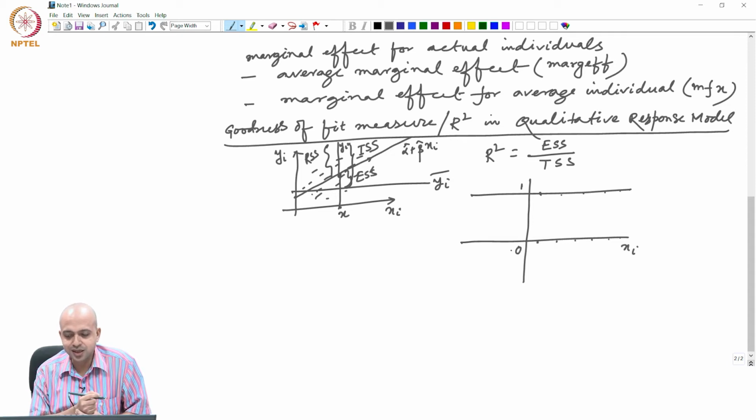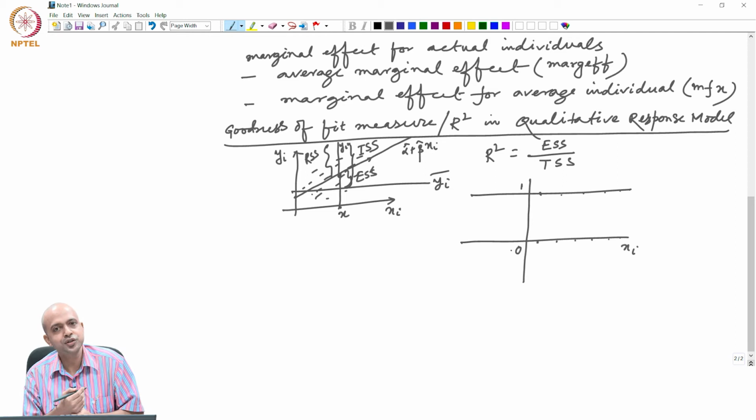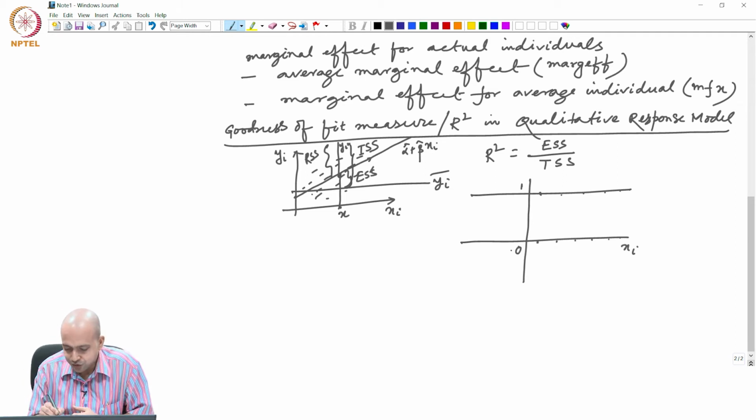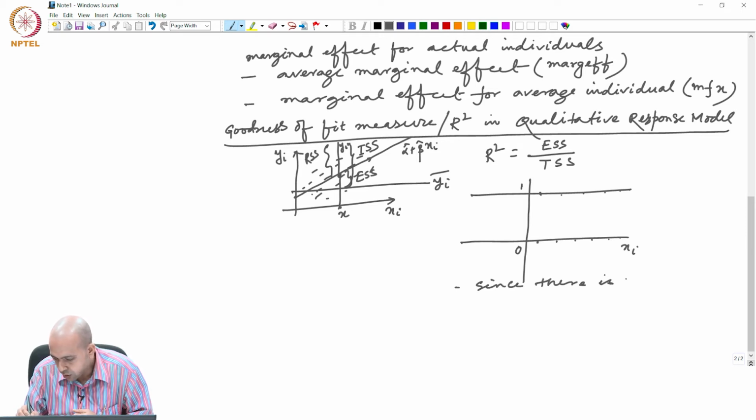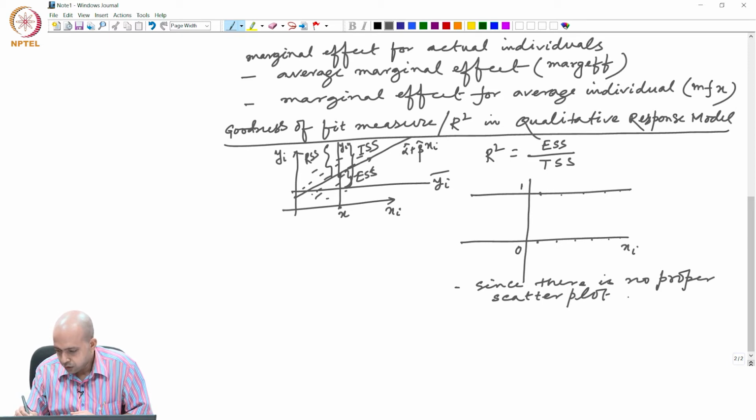And if the scatter plot does not exist in the context of qualitative response model, the standard R square interpretation also is no longer valid. So, what I am saying, since there is no proper scatter plot in qualitative response model, I will write QRM.